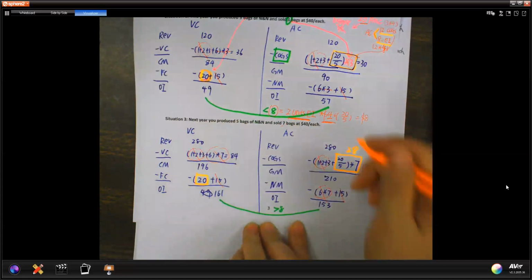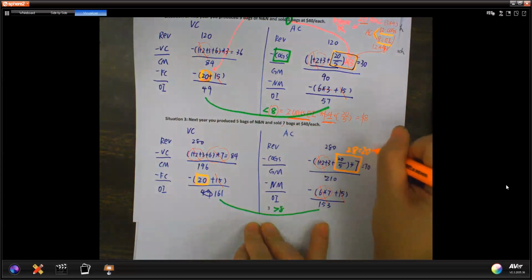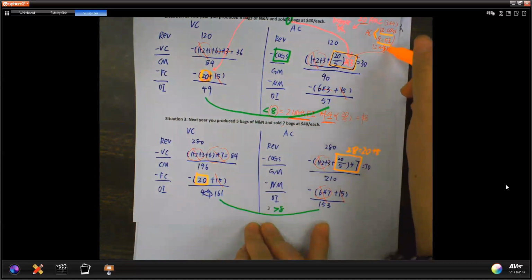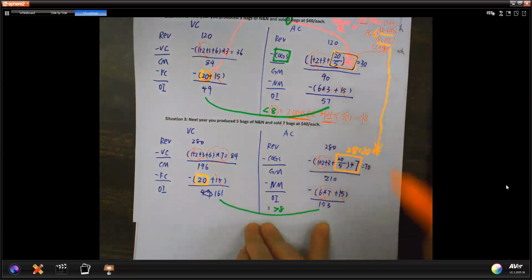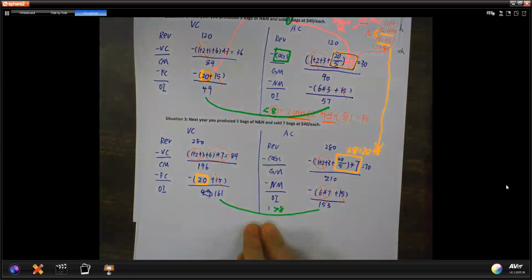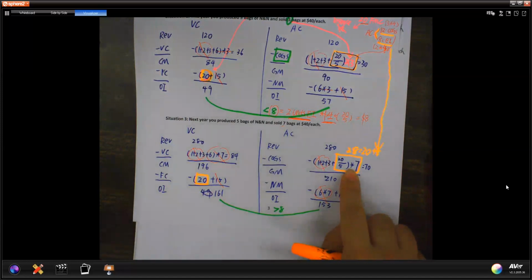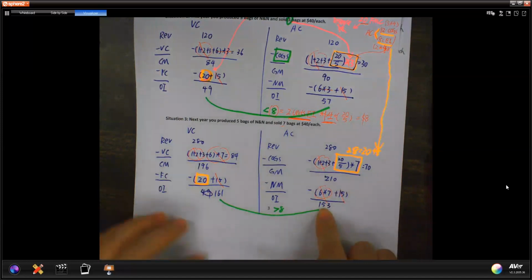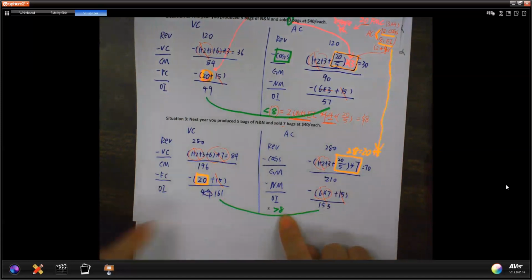So your cost of goods sold is $20 plus the $8 deferred from your last year. So this time your cost of goods sold for your situation 3 is $28. It's $8 more than under variable costing. So you subtract $8 more for your costs, then your bottom number will be $8 less than under variable costing method.